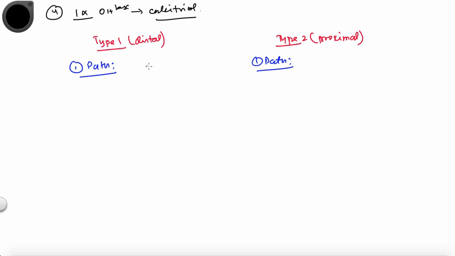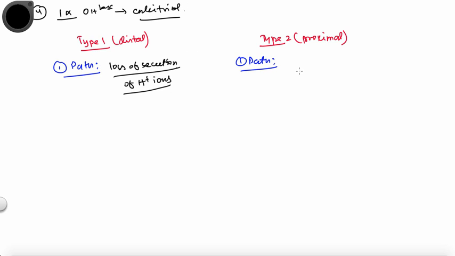You are going to get loss of secretion of H plus ions, which truly means you are going to accumulate a lot of H plus ions in the body, leading to acidosis. Since it is due to the dysfunction of the renal tubules, it's called renal tubular acidosis.